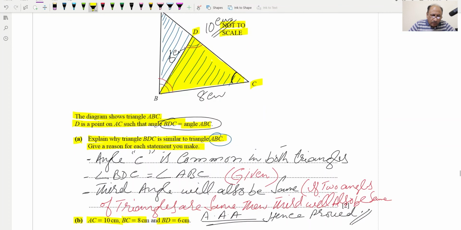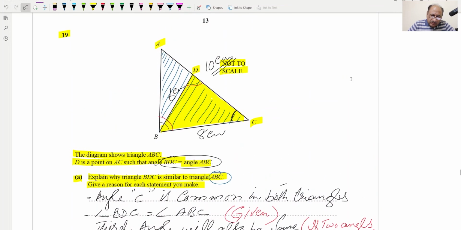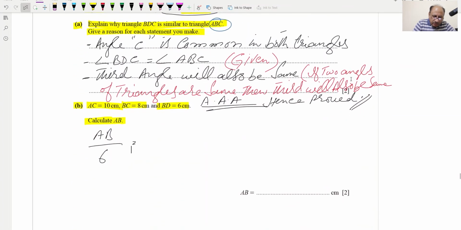AB, basically, relevant sides we will be comparing for both of the similar triangles. So AB over BD, or AB over 6, will be equal to the other side, which is AC over BC. So 10 over 8.